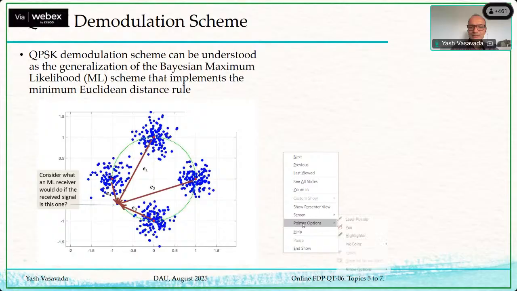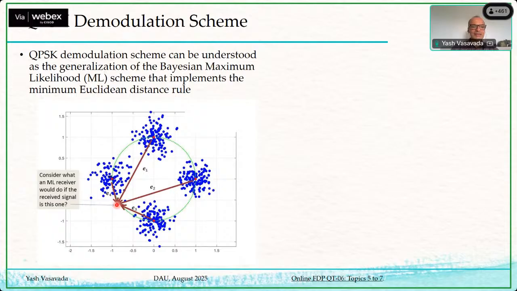I will make it bigger. So if my received signal is here, then I'll calculate all these 4 vectors, E1, E2, E3, E4, in the manner shown. And then I'll say that this is the most likely symbol to have been transmitted because its distance to the received symbol is the closest.